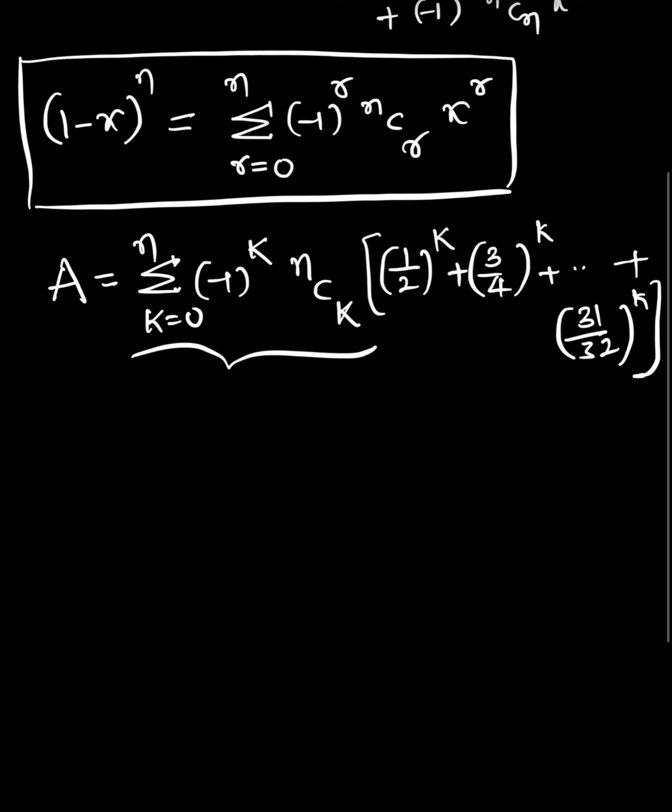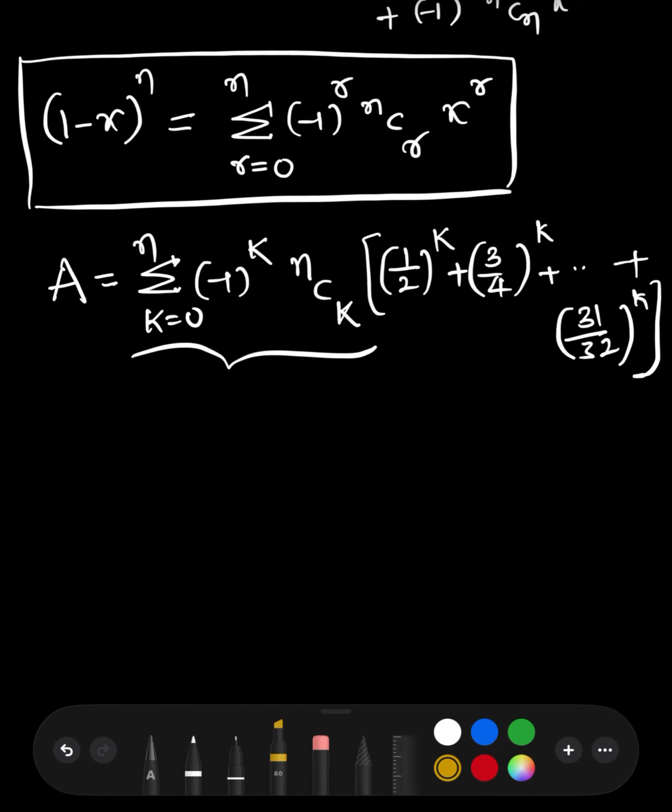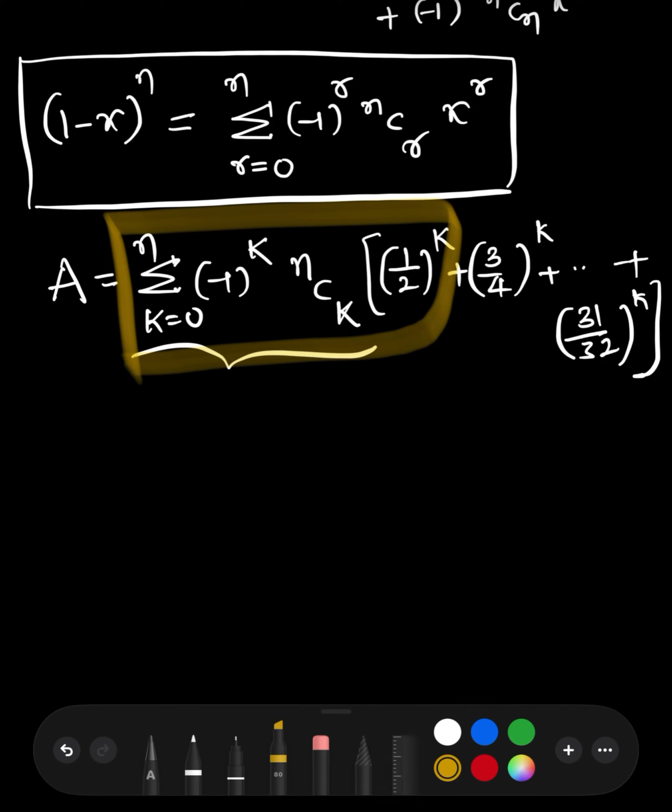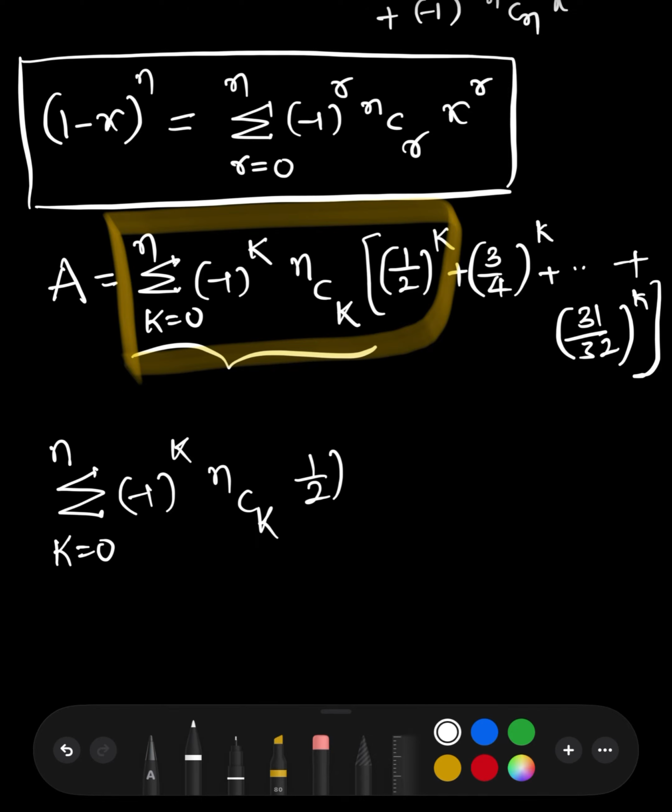Roughly I'll take up to this part. Suppose I take summation k equal to 0 to n minus 1 whole power k nCk and (1/2)^k.